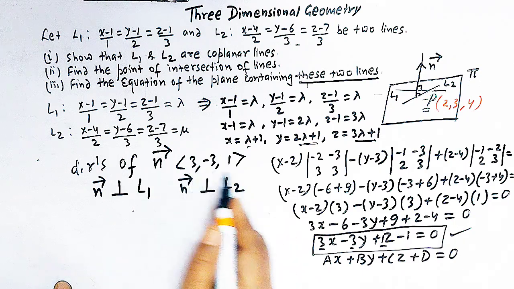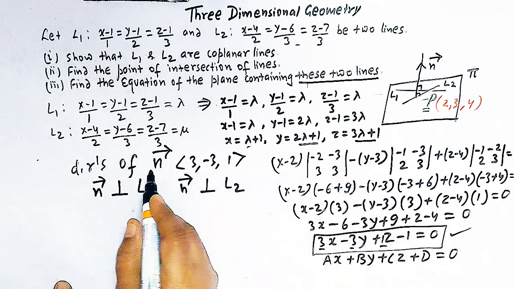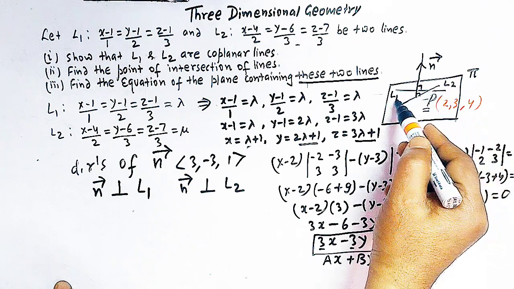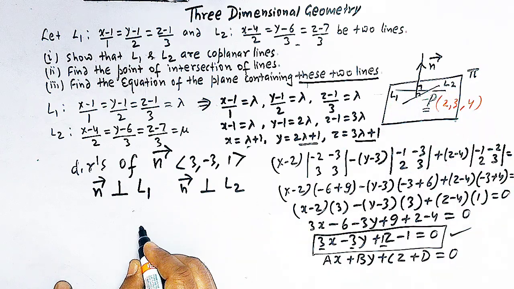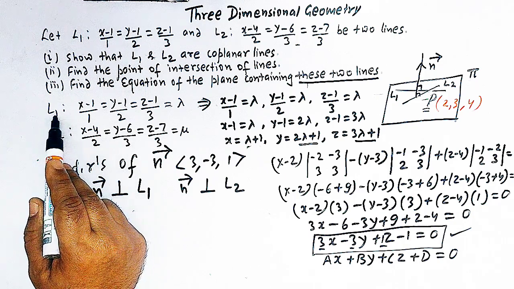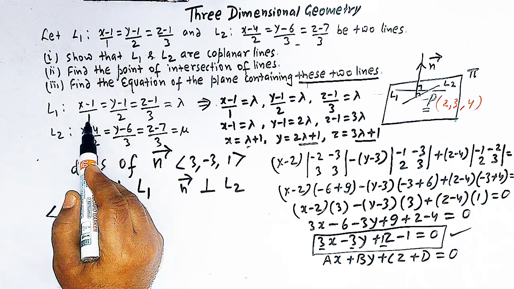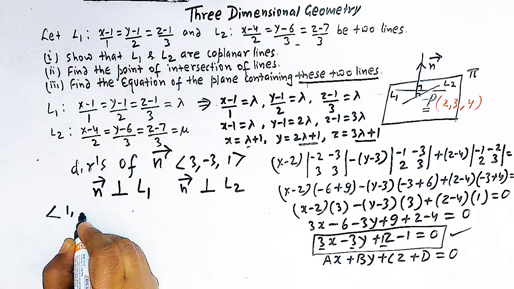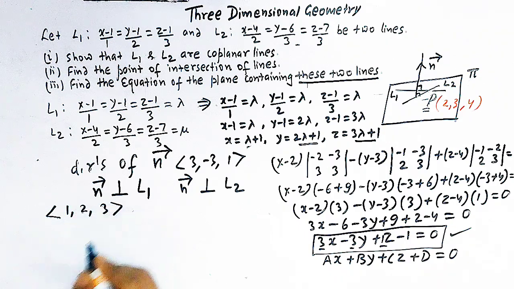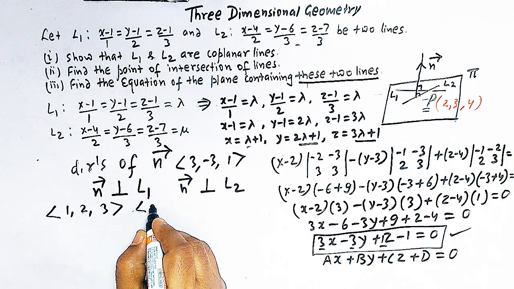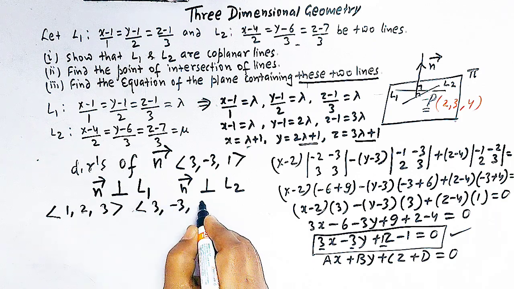So we can now verify that this normal vector is perpendicular to these two lines L1 and L2. The direction ratios of the line L1 are given by 1, 2 and 3, and the direction ratios of the normal vector are 3, minus 3 and 1.